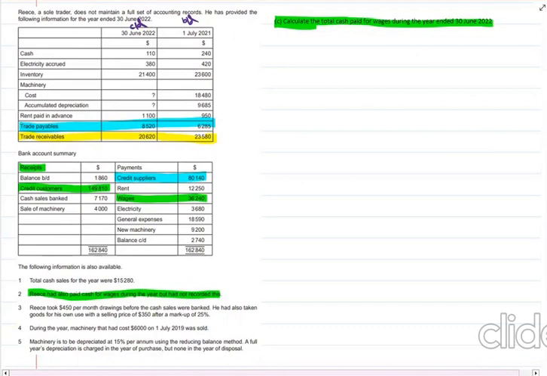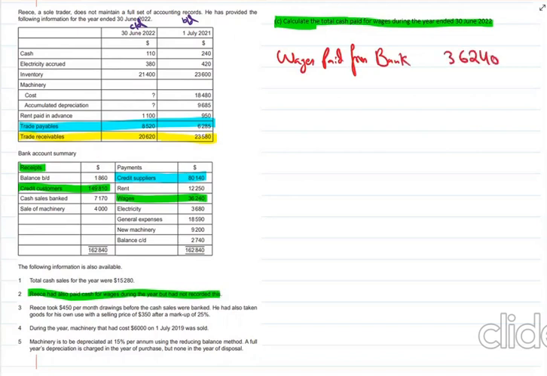Now, from bank, wages paid from bank, it's given 36240, correct?